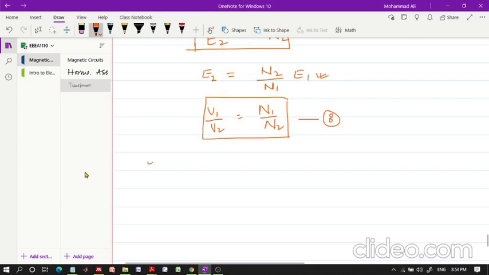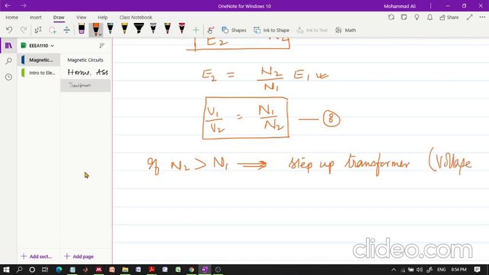So if N2 is greater than N1, this will result in a step up transformer. और याद रखिए मैं इन टर्म्स ऑफ वोल्टेज बात कर रहा हूं. जब भी स्टेप अप ट्रांसफार्मर की बात हो रही है, तो हियर इन सिनेरियो ऑफ पावर वी आर टॉकिंग, सो इट विल बी इन टर्म्स ऑफ वोल्टेज. And if the secondary side number of turns are less than N1, then it will become a step down transformer.